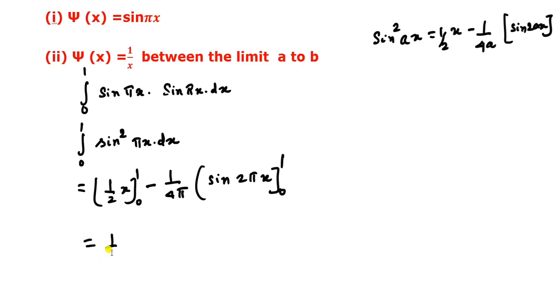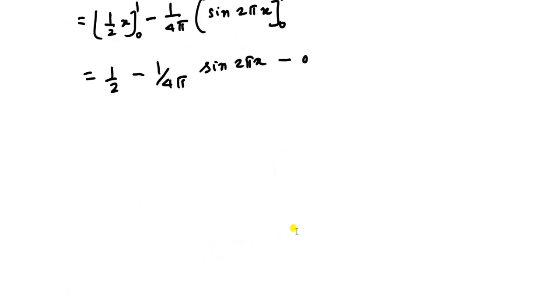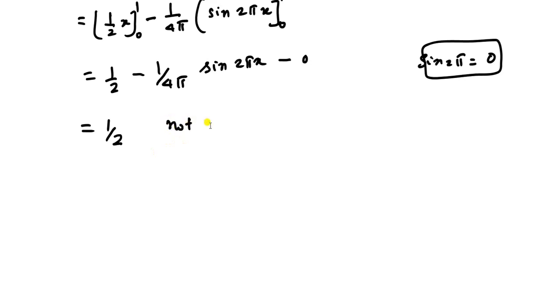This is equal to 1 by 2, x is equal to 1, the upper limit, and minus 1 by 4 pi, sine 2 pi x, sine 2 pi minus 0. Sine 2 pi, that is 360 degrees, this value is 0. So this is equal to 1 by 2. This is not equal to 1. So sine pi x is not a normalized wave function.